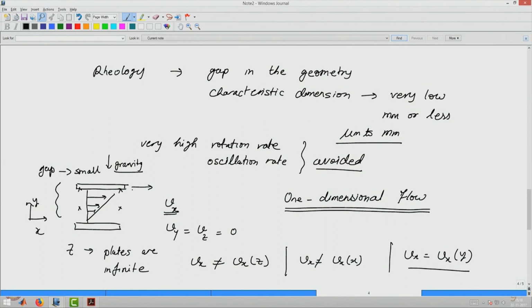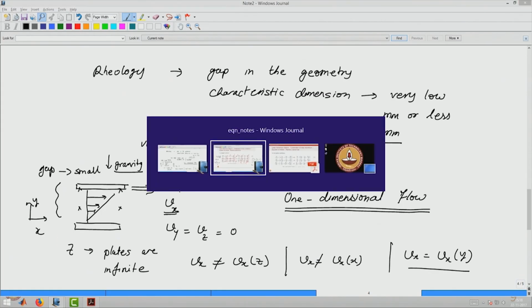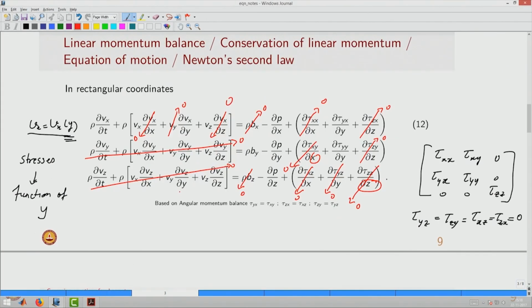Now, the other term which can arise is the pressure. We will assume that the flow in the fluid is only caused by the plate motion: since the plate is moving, the fluid is moving. This is an example of a Couette flow as we have defined earlier. Poiseuille flow is where pressure gradients are also there. Since we are looking at only Couette flow, we can assume there is no pressure gradient, so pressure is uniform everywhere and these terms go to 0.